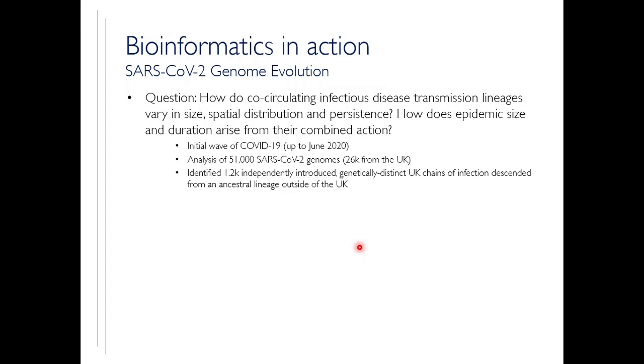Essentially, they sequenced genomes from loads of coronavirus isolates between March and June of 2020, so quite early on during the pandemic, and they wanted to find out how long different lineages last in the population, and indeed how many independent introductions of these COVID isolates into the UK occur, and how many are actually distinct, and how many die and are not retained in the population, and by extension, how many actually are retained in the population.